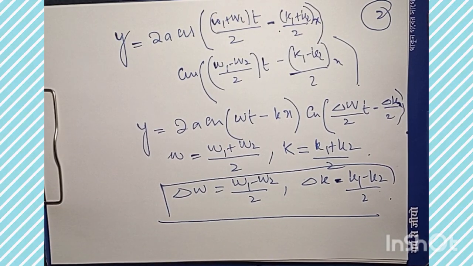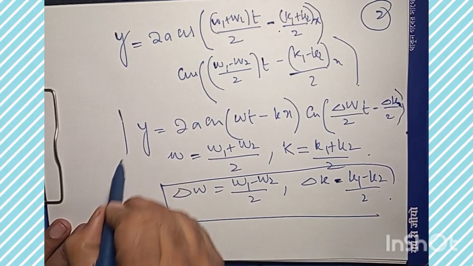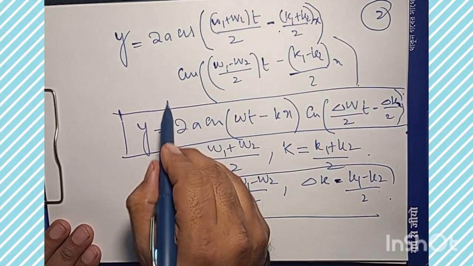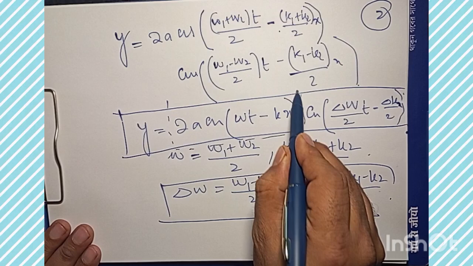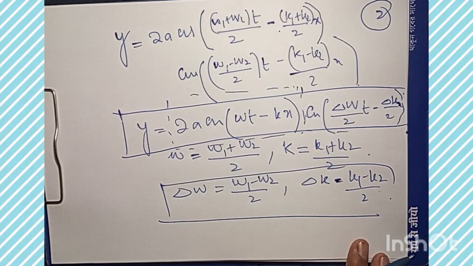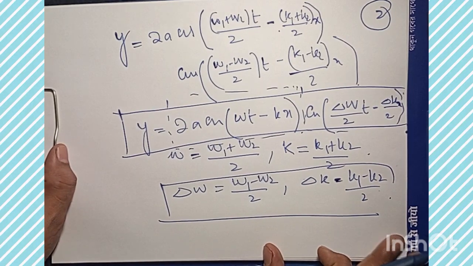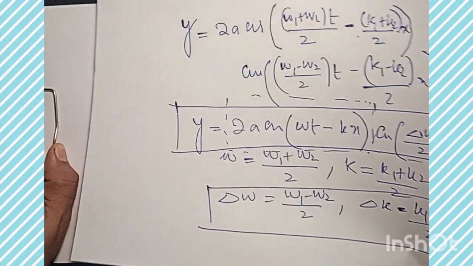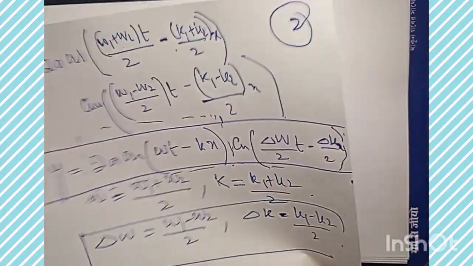So what we have in this equation is two parts, this is one part, and this is another part. Now, what we are trying to do here is to obtain an expression for the group velocity.